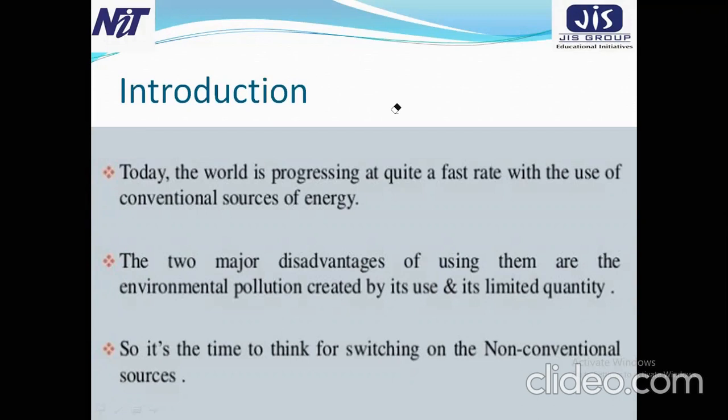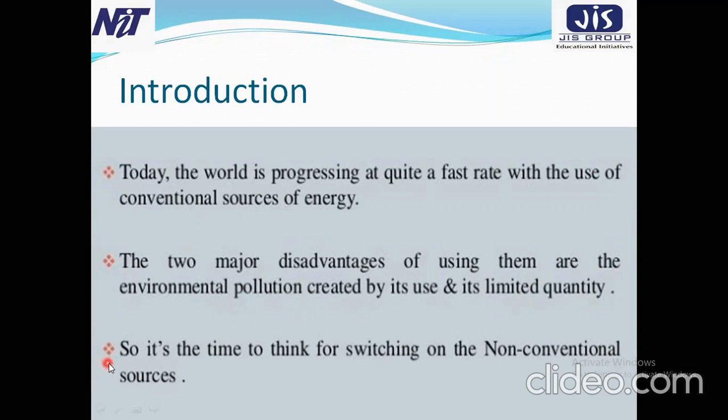Up to 20 years back, the maximum power generation of the world was from conventional sources of energy. The 2 major disadvantages of using them are the environmental pollution created by their use and their limited quantity.